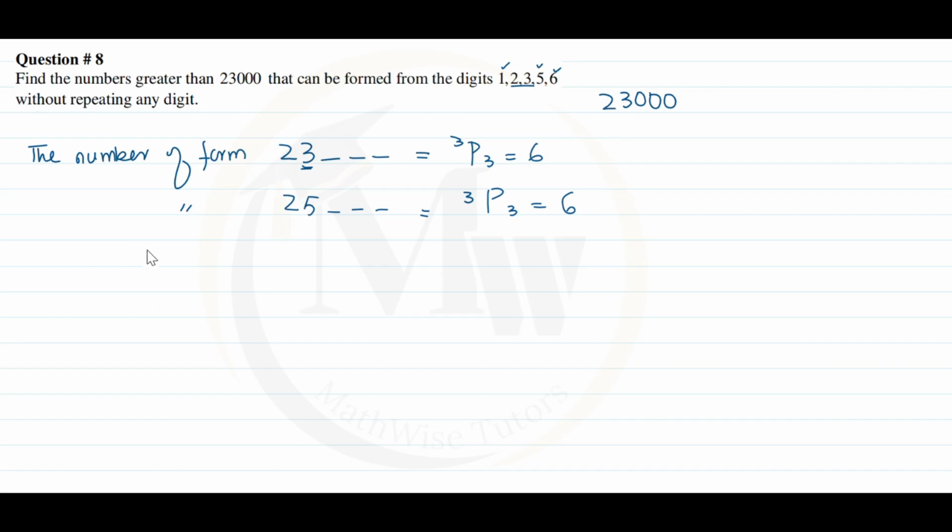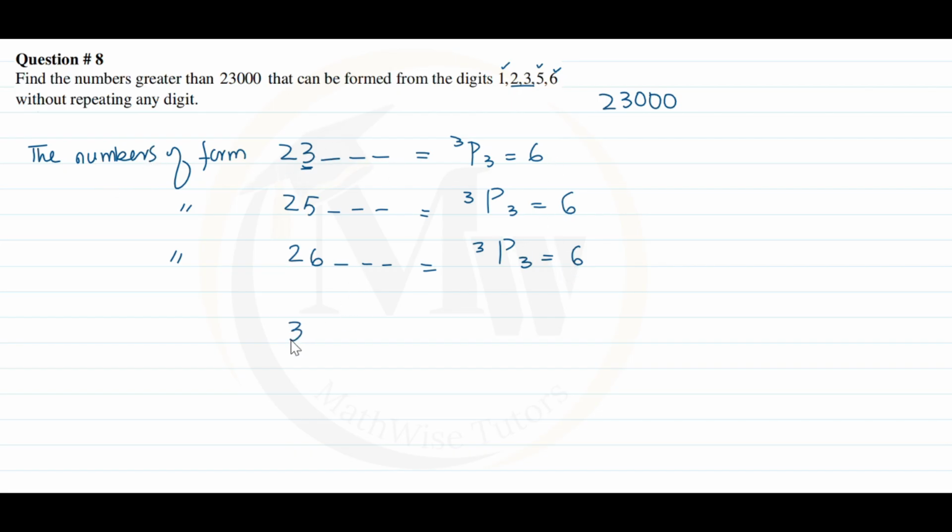Now we are again going to fix 2, but the next digit can be 6 and the other 3 numbers can be arranged any way. So it will become again 3P3, which is again 6. So 6 numbers by using this way, 6 by using this way, and 6 by using this way.